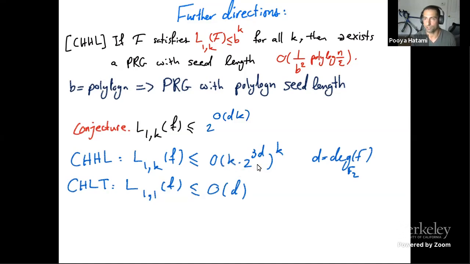So you don't have just one b that's bounded for all of the levels. But we do manage in another work to bound the first level by something reasonable, O of d. So this is our current understanding of the Fourier coefficients of F2 polynomials, and it is an interesting question to try to improve this bound.